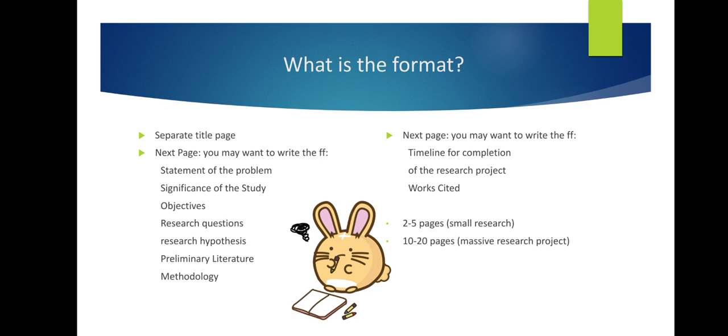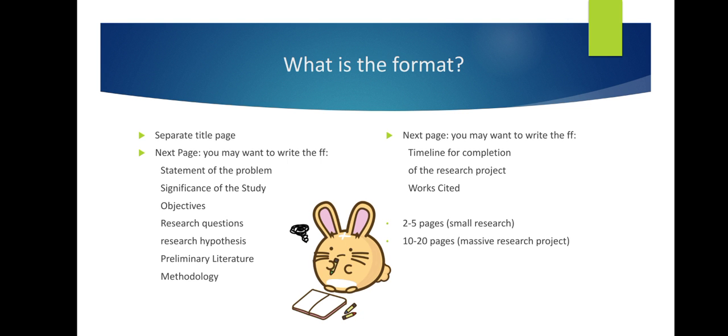And then the third part, which talks about the timeline of completion of your project and your work cited. Okay, your sources. In the timeline, you'll need to explain why you need, let's say, 1 year to complete your research study.